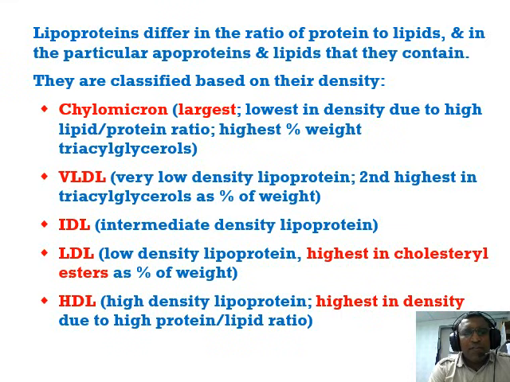Then you have VLDL, or very low density lipoprotein. This one originates from the liver. So the liver actually makes fatty acid, triacylglyceride, and even makes cholesterol. All these will come into the VLDL, and then it travels to the cell and then back to the liver. When the chylomicron and VLDL lose their content, mostly in the form of triacylglyceride or TAG, they will become intermediate density lipoprotein or IDL.